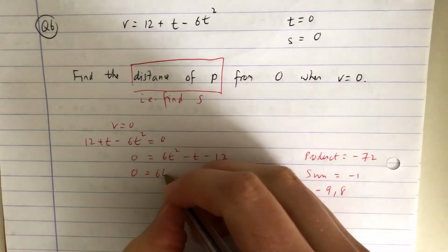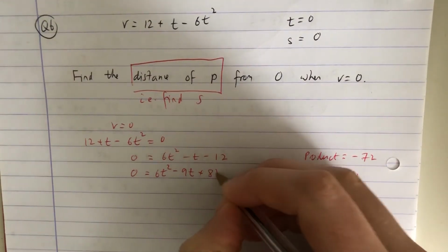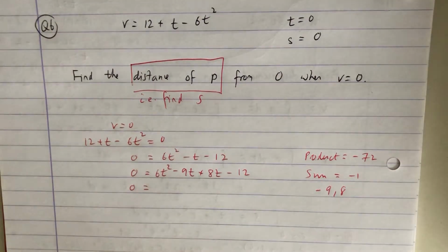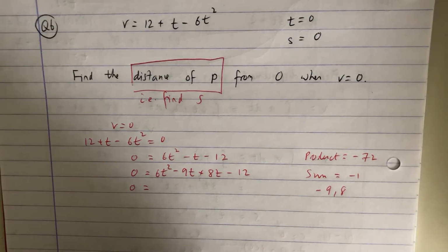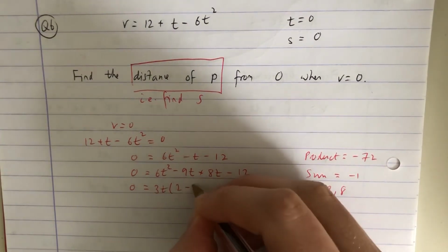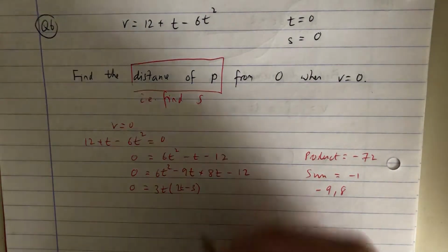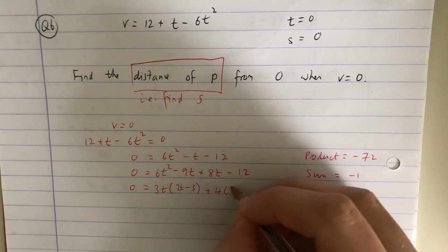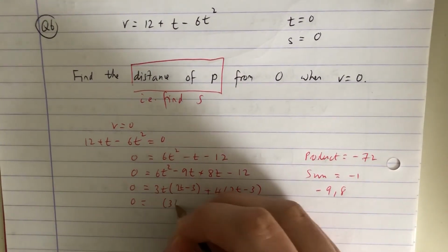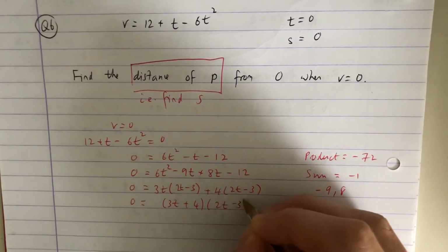So 6t squared minus 9t plus 8t minus 12 equals 0. Factorize both halves: 3t(2t minus 3) plus 4(2t minus 3), to give you (3t plus 4)(2t minus 3).